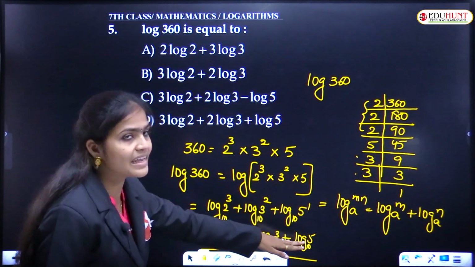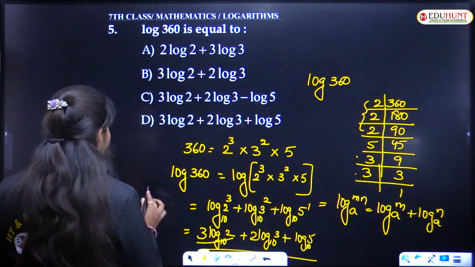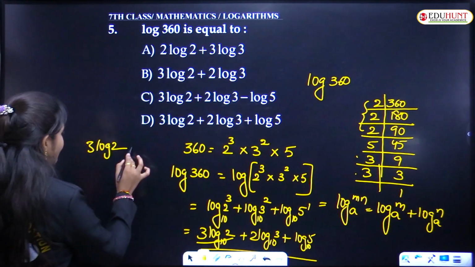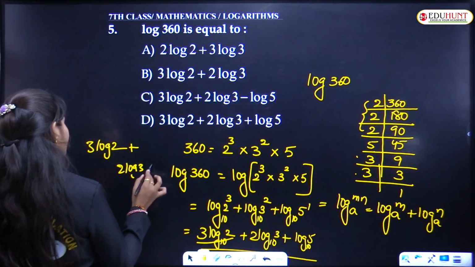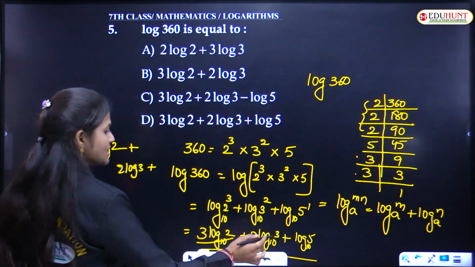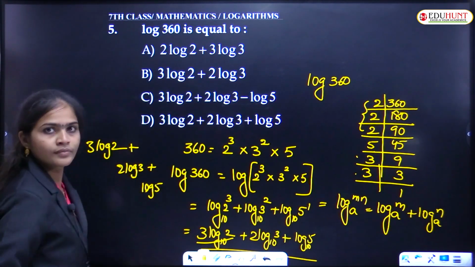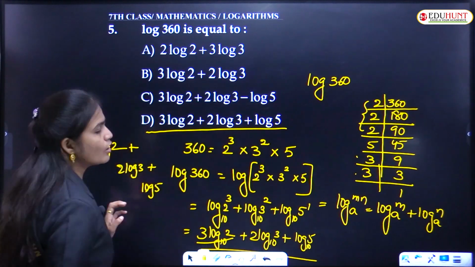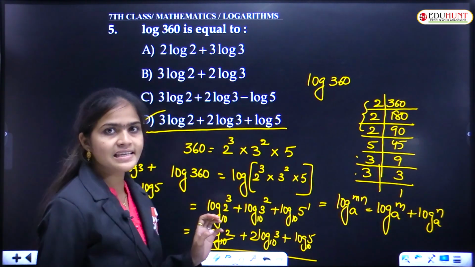So the answer is 3 log 2, without writing the base, 3 log 2 plus 2 log 3 plus log 5. Clear? So which option is correct? 3 log 2, 2 log 3 plus log 5. Yes, option D is correct.